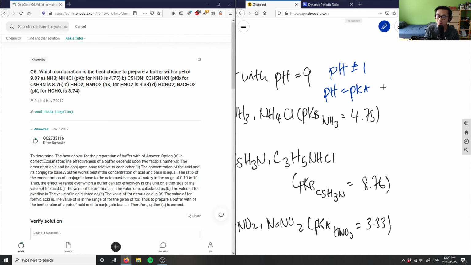So at the half equivalence point, these 2 conditions have to be met in order for us to have a buffer of pH 9. And we care about this pH 9 because it basically has to equal very, very close to our pKa value as well.